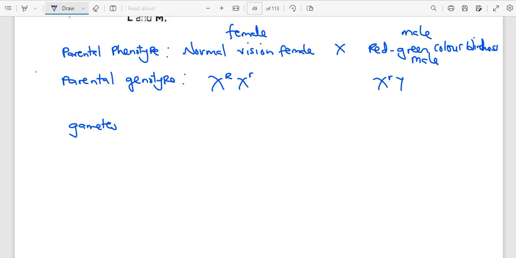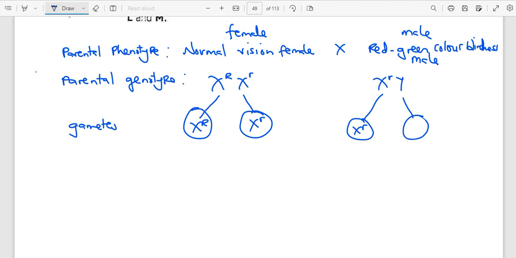We can separate them, and here we can separate them as well, and the same applies there. From there we can now look at the offspring genotype.